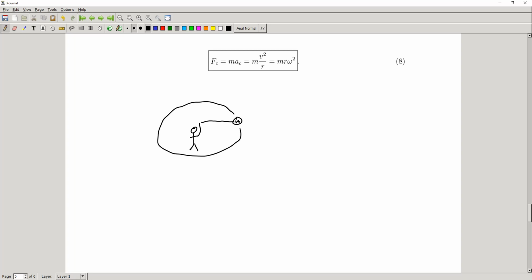Well, it's the tension in the rope or the cable or whatever it is that's keeping this thing going. So in this case, T would be our centripetal force, right? And we're going to take another look at an example of this here in a second.